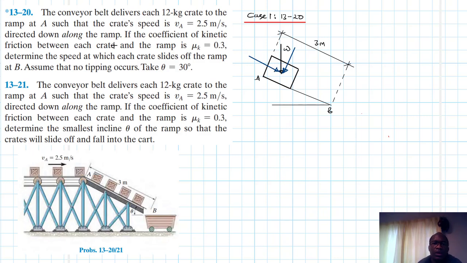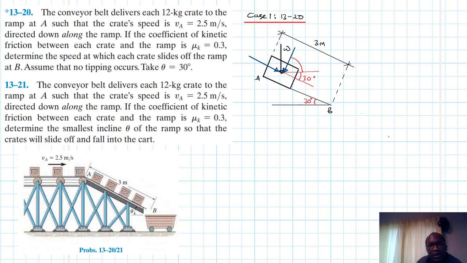This angle here we've been told that it is 30. So let me just transfer this angle there. So this angle here is 30, this becomes 60, then what does this one become? It becomes 30. Is that fine?